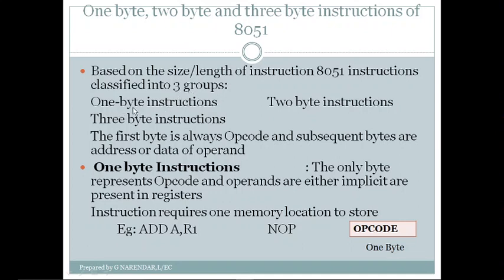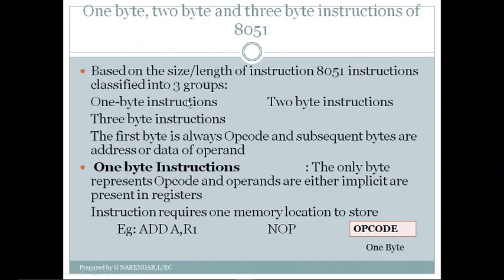First group is 1 byte instructions, second group is 2 byte instructions, and third one is 3 byte instructions. If an instruction size is only 1 byte, it will come under 1 byte instructions group. If its size is 2 bytes, it will come under 2 byte instructions, and if the size is 3 bytes, then it will come under 3 byte instructions.